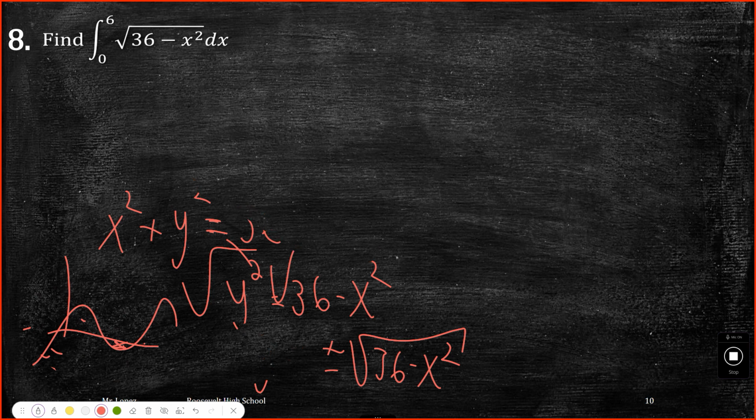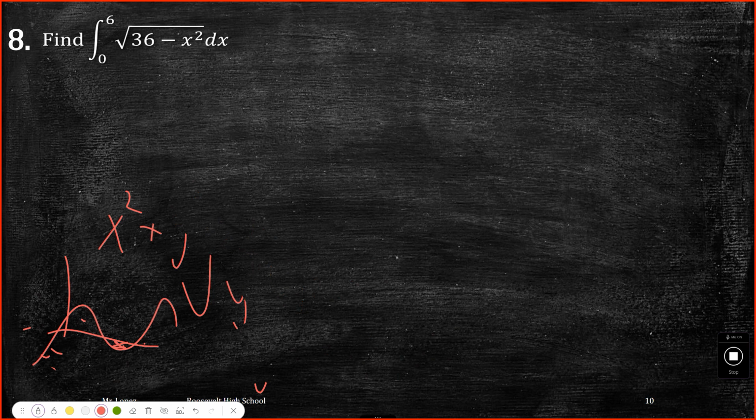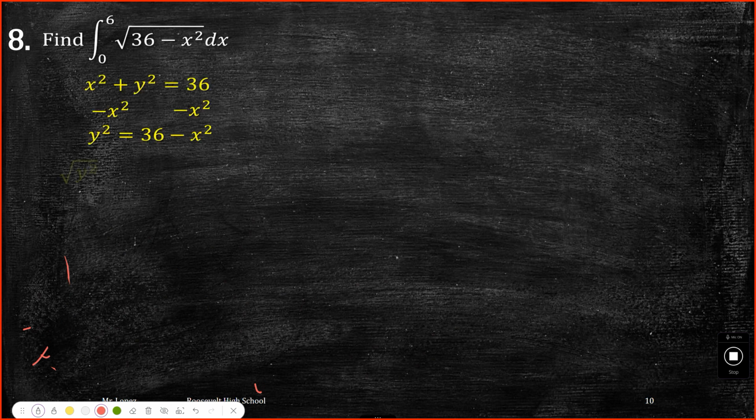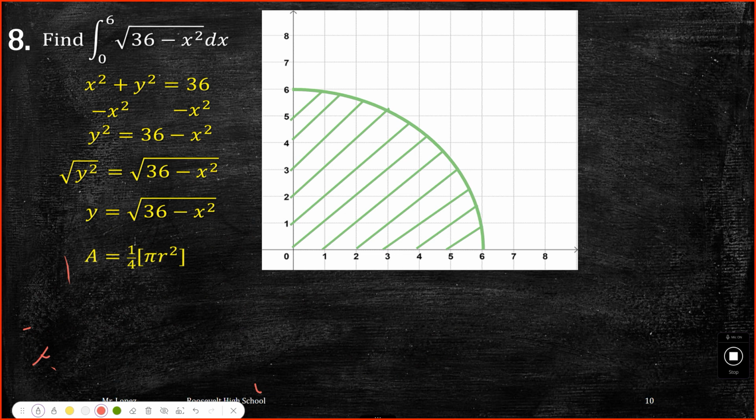That's why. So now if it is the positive one, it's a circle with the radius of 6, center at 0, 0. And it's going from 0 to 6, we couldn't do the negative one, so it's got to be that one.